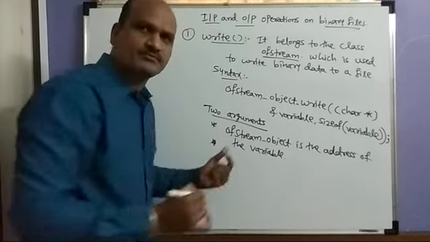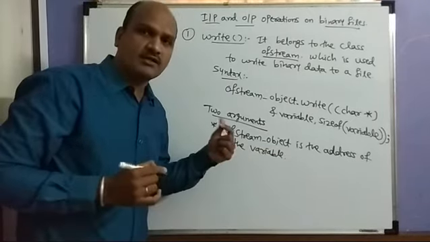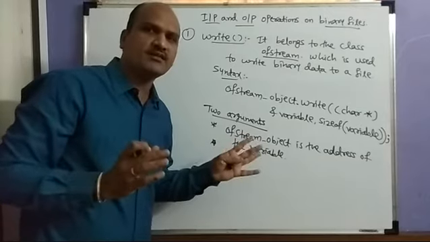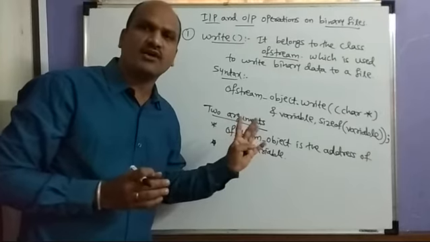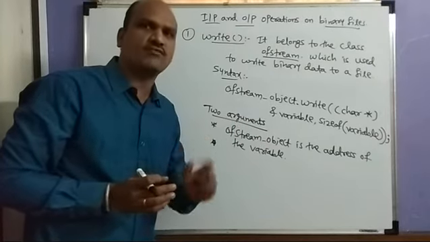And the content which will be written belongs to the second argument, which is the size of the variable. Whatever contents are written to the file, that is, whatever contents you want to write to the file, the second argument is the size of the variable.